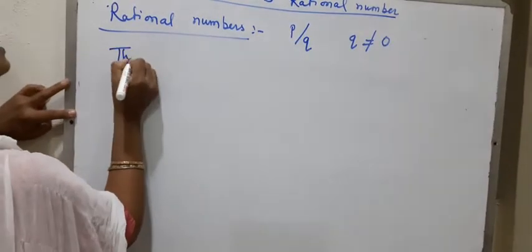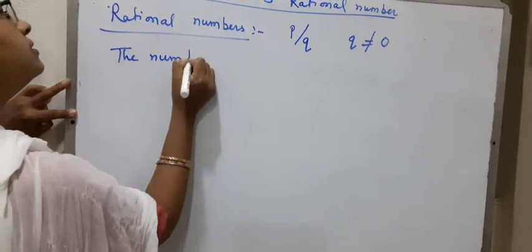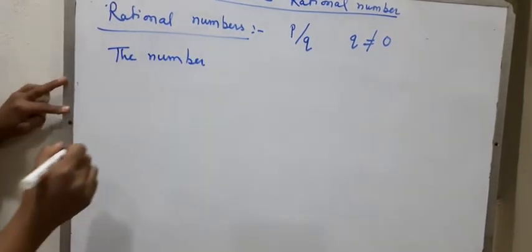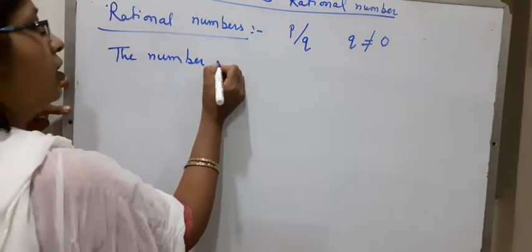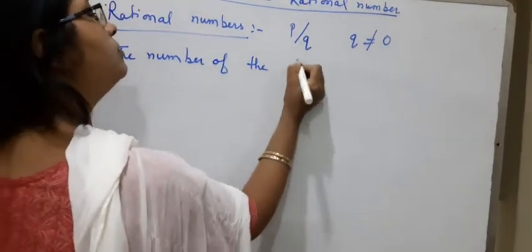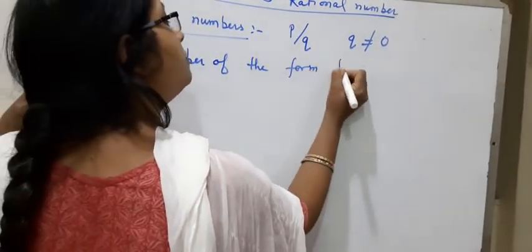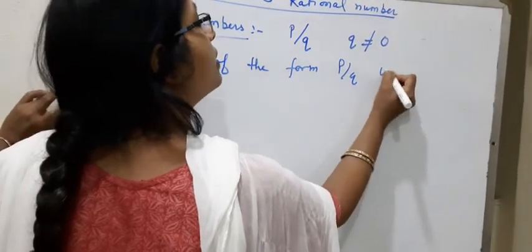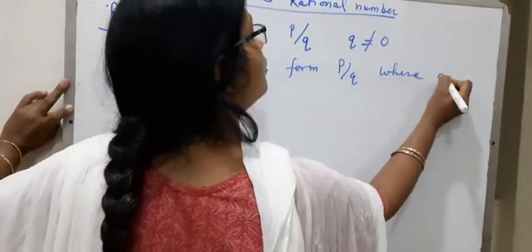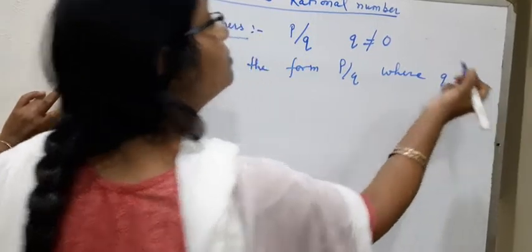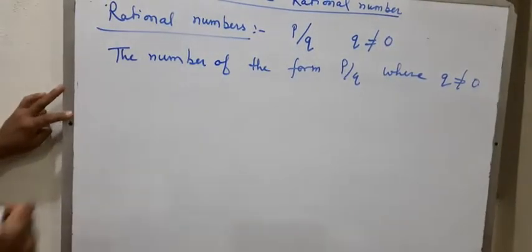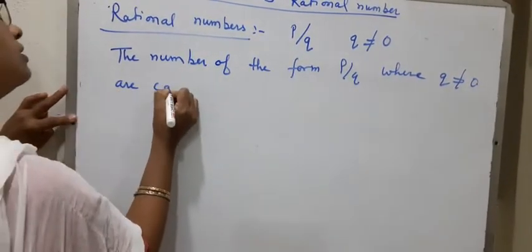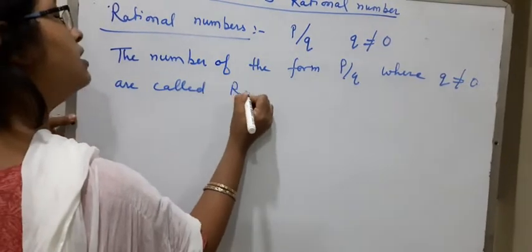The numbers of the form p upon q, where q is not equal to 0, are called rational numbers.